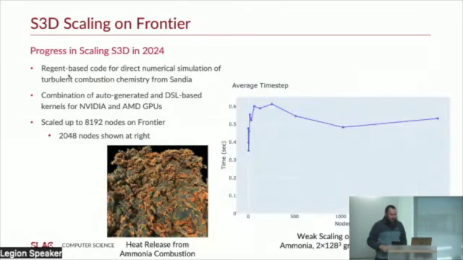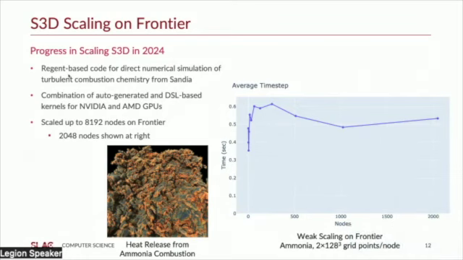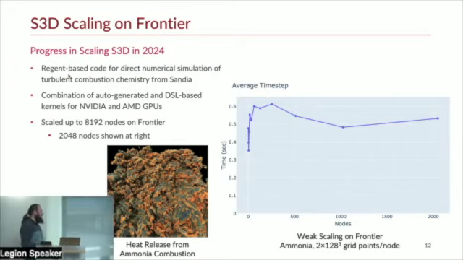But the good part about this is we have a major application called S3D, which is a direct numerical simulation of turbulent combustion. We've been working with these people for a long time now. I won't quote exactly how long because I probably won't get the number right. We've been running on all sorts of machines, on NVIDIA and AMD, and we ran on Frontier out to 8,000 nodes.